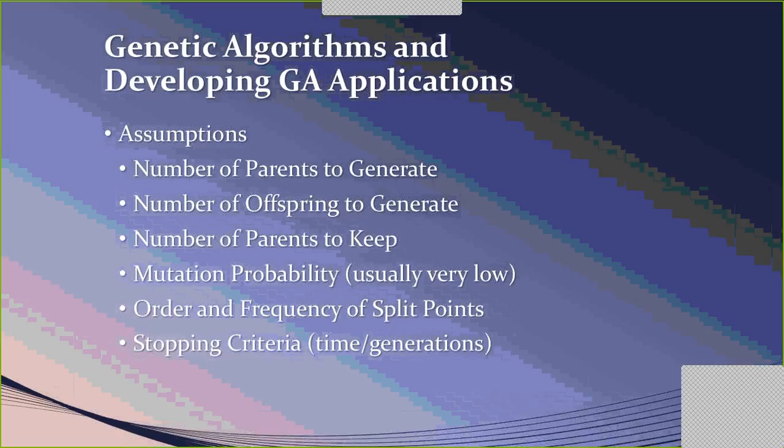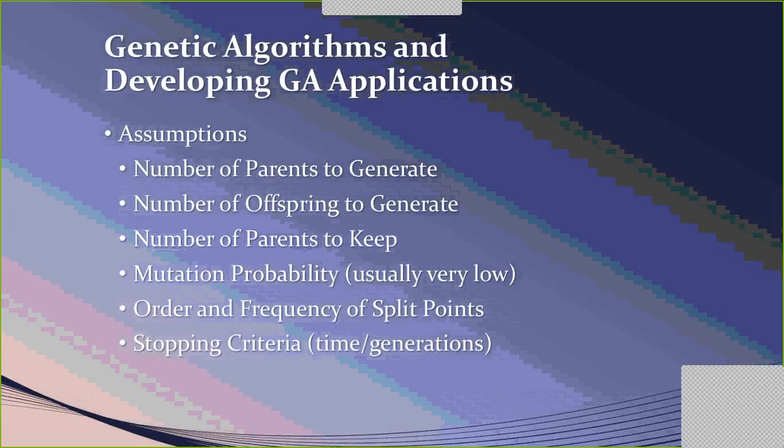There are several assumptions that we need to make in setting up our model. We need to choose how many initial parents we're going to generate, which is how many initial guesses or options we're going to start with. We need to decide how many additional guesses or situations we're going to add, which are the offspring.